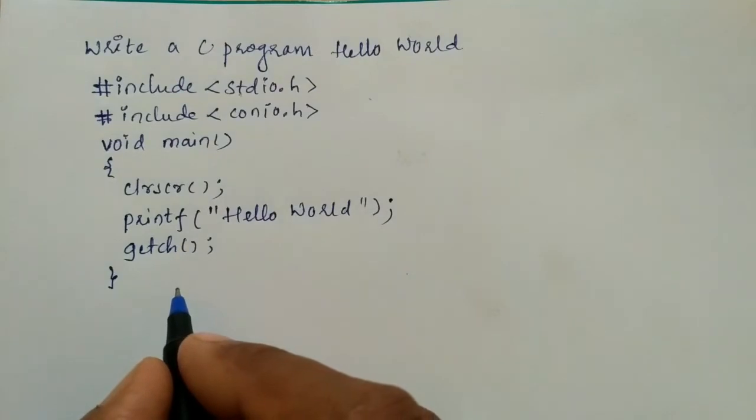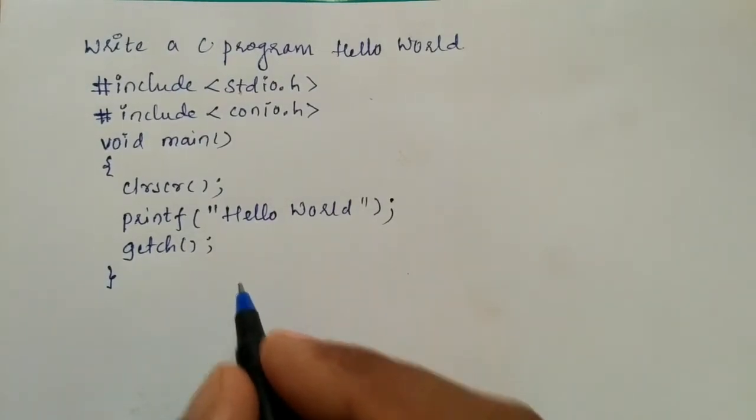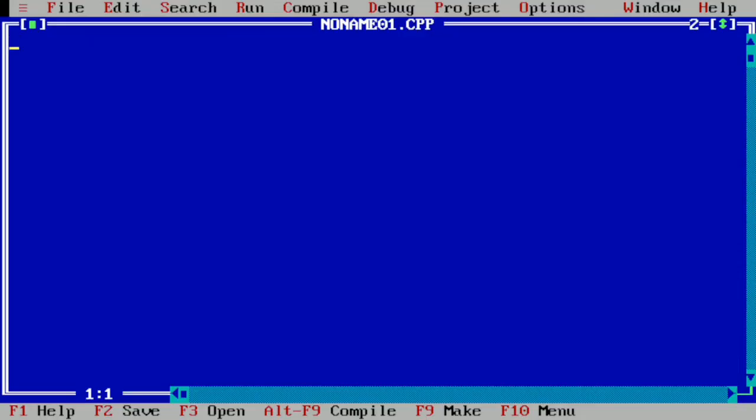So let us execute this particular program. For that I will take you to my laptop screen. Right now, we are in the Turbo C++ integrated development environment, and here I'm going to write a single line comment by writing // write a C program hello world.